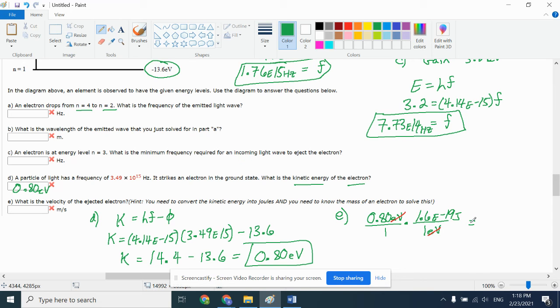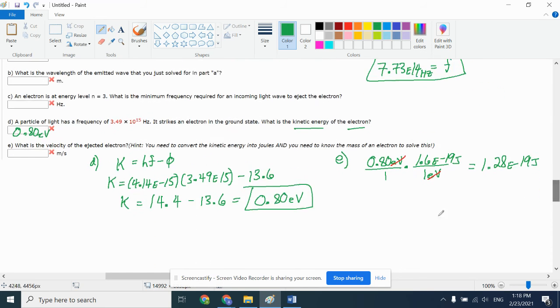We'll go 0.8 times 1.6 E negative 19, and we get 1.28 E negative 19 joules. Now we're free to run K equals 1/2 mv squared. So 1.28 E negative 19. The mass of the electron is 9.11 E negative 31.